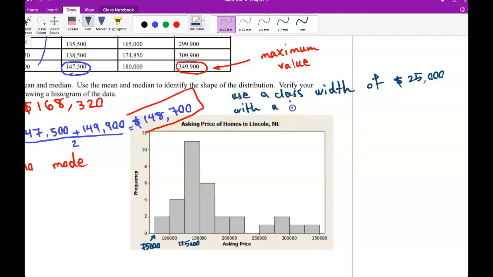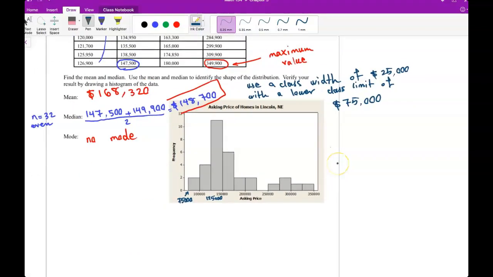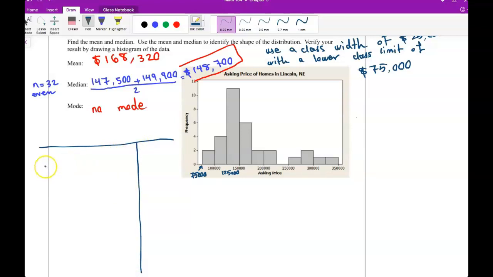With a lower class limit of 75,000. Okay, so here I have the frequency distribution.